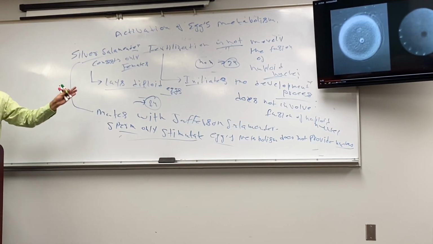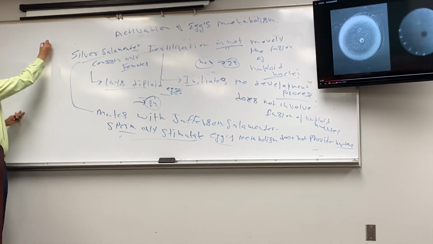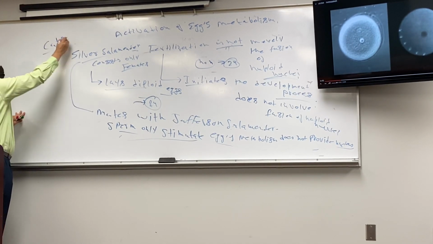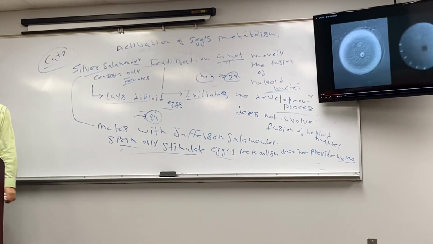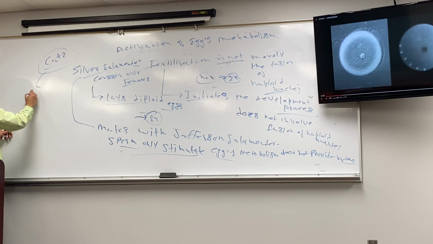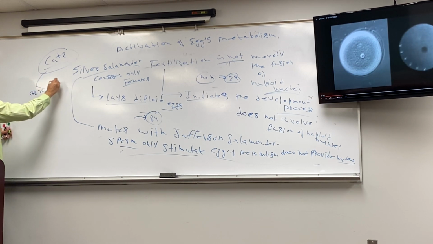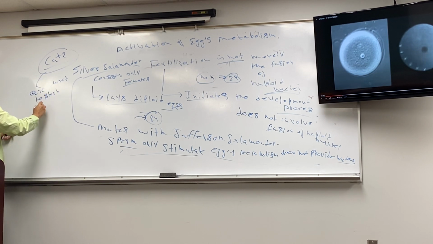Throughout the animal kingdom, whichever species we talk about, calcium ions are the initiator. Calcium ions are used to start the development process.